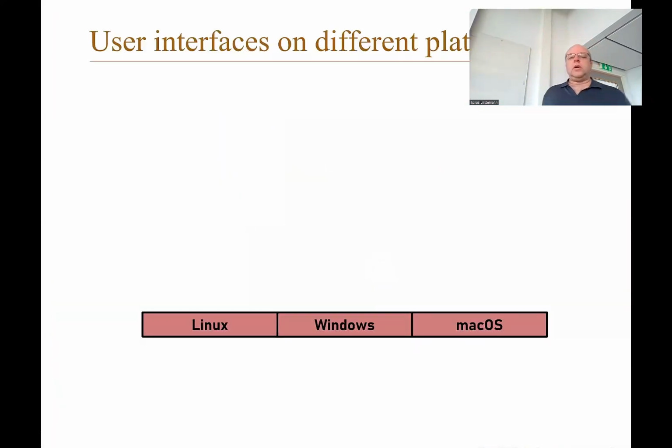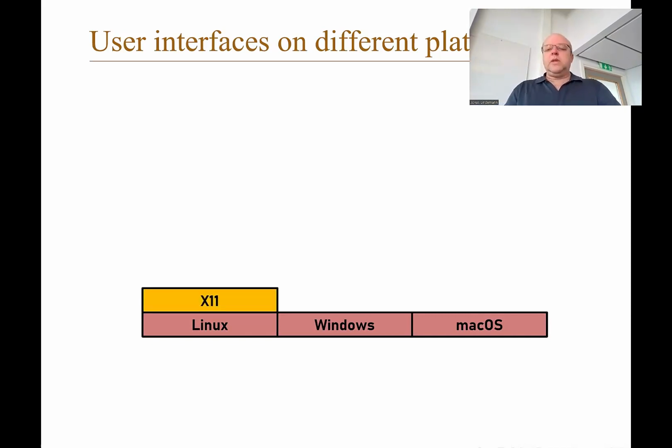As you know, there are several platforms for designing user interfaces on the desktop. We have Linux, we have Windows, we have Mac OS. And unfortunately, all of these operating systems do the user interfaces their own way. That doesn't make it easy for us as programmers.